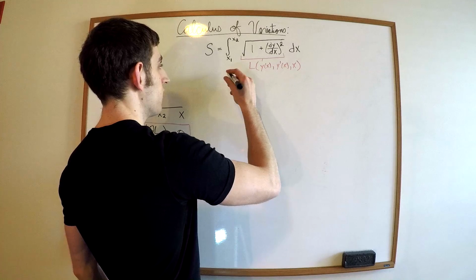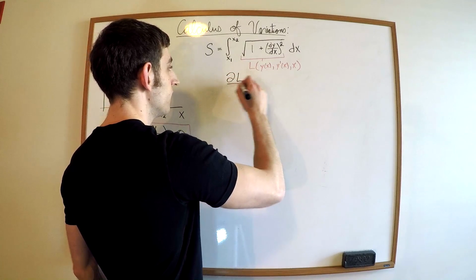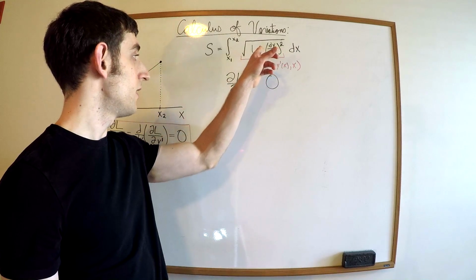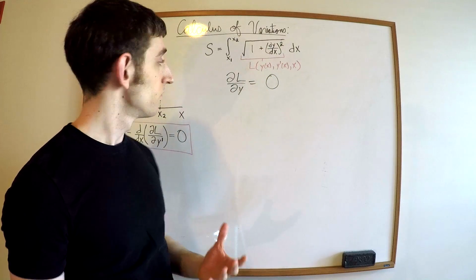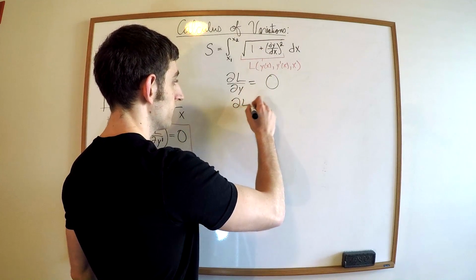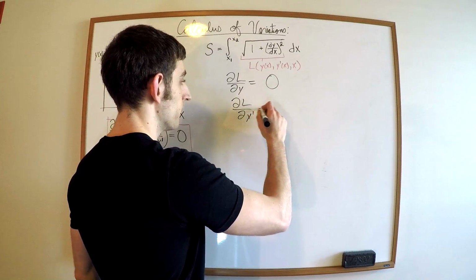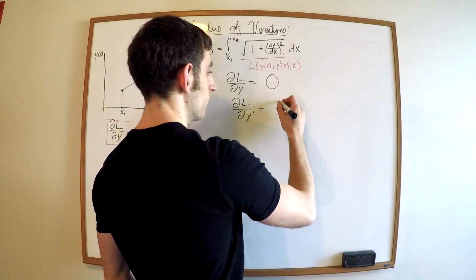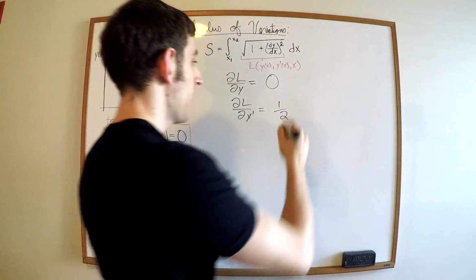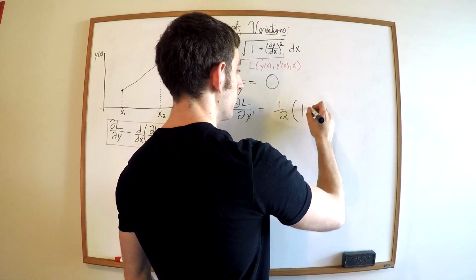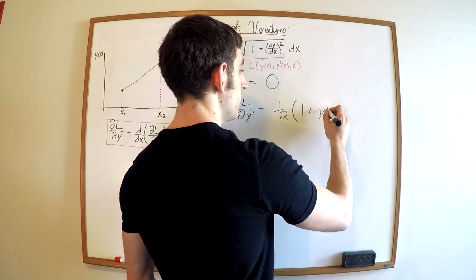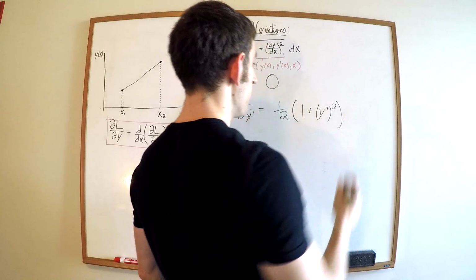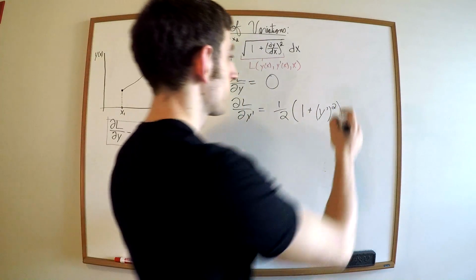So the partials we get are dL/dy, which is going to be 0, right? Because we don't have y in here. We only have y prime. So let's calculate dL/dy prime. It's a little messy. Since we have a square root, we bring down the 1/2, and then we have 1 plus, I'm going to start using y prime now, y prime squared, to the negative 1/2.